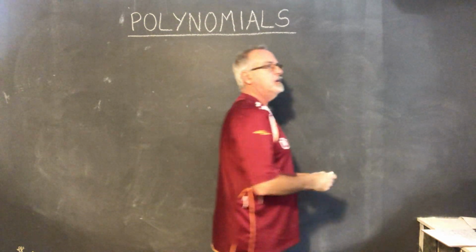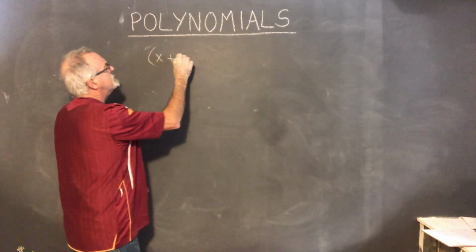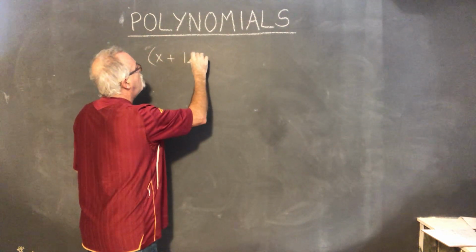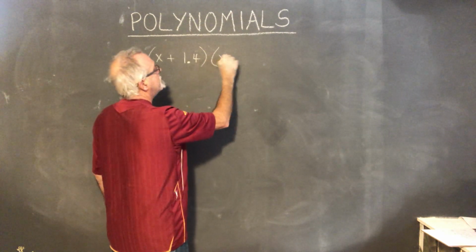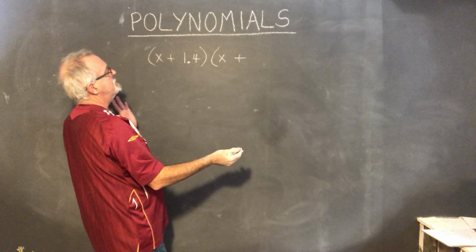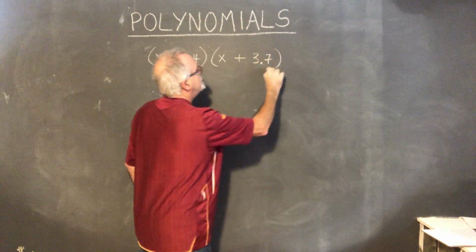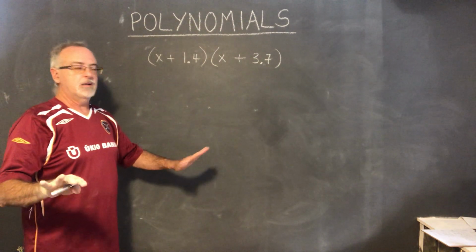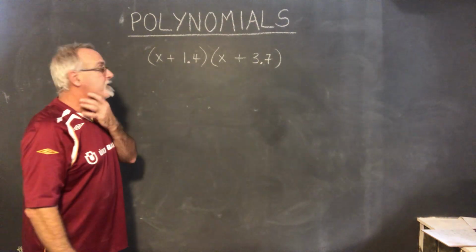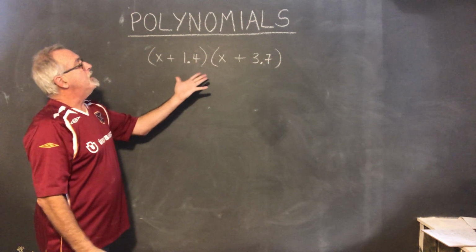What if we're doing this and there are decimals involved? How about if we have x plus 1.4 times, I'll make them both plus this time, x plus 3.7. Is Doug going to want to do this in his head? Doug wants to watch out and not get something wrong and feel embarrassed after. I might grab at my calculator. But it's the FOIL.